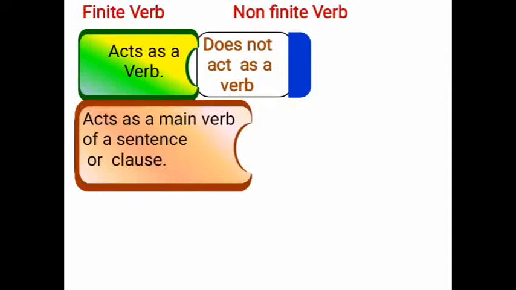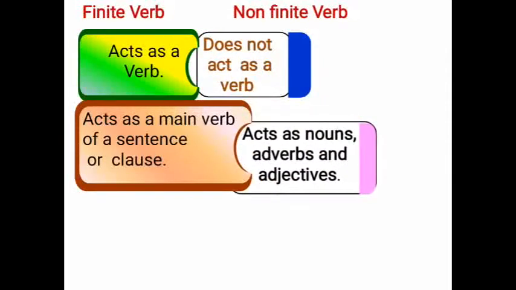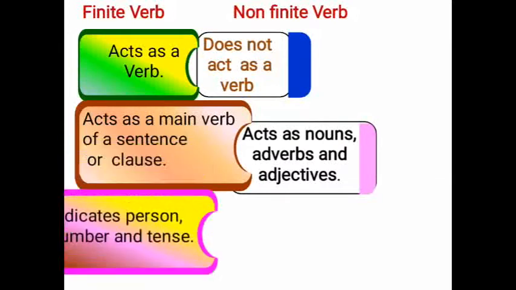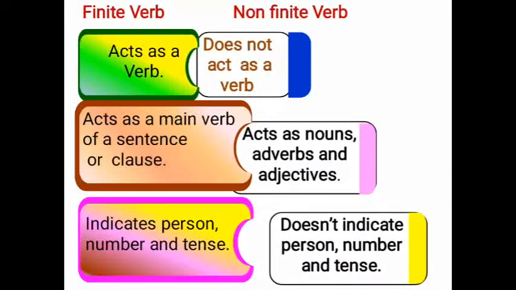On the other hand, a non-finite verb acts as nouns, adverbs, and adjectives. A finite verb indicates person, number, and tense, whereas a non-finite verb doesn't indicate person, number, and tense.